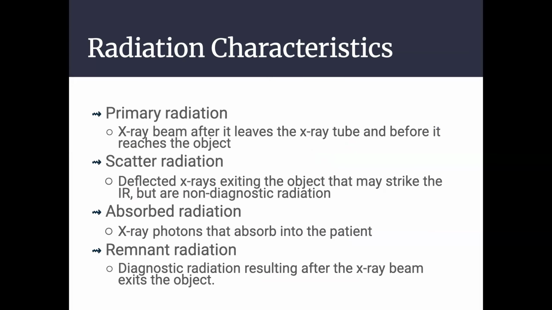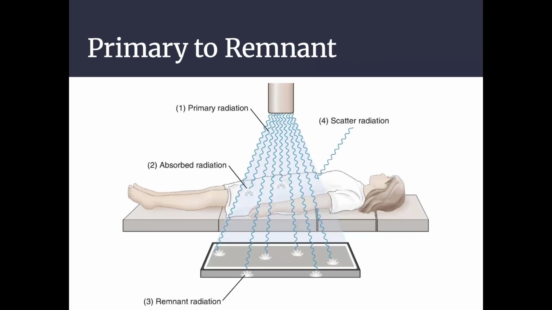And if it hits the image receptor, it just contributes to noise. It makes it hard to see the image. That's called scatter radiation. And you can see here, number 4 is showing you a beam that has hit the patient, but rather than hitting the image receptor or going through or absorbing, it just goes off into space. That is scatter radiation, okay?